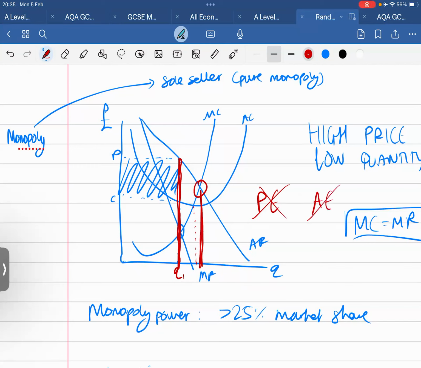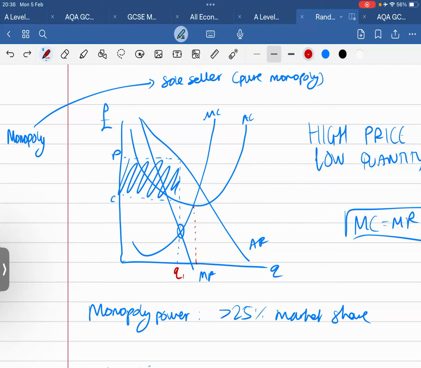So allocative efficiency, no. Does that make sense how I did that? Some people do this really funny thing, like I've seen students say MC equals AR here, so it's allocative. No, that's not the point. MC will obviously equal AR somewhere. It's about does it equal at that quantity? We're not. Does that make sense?